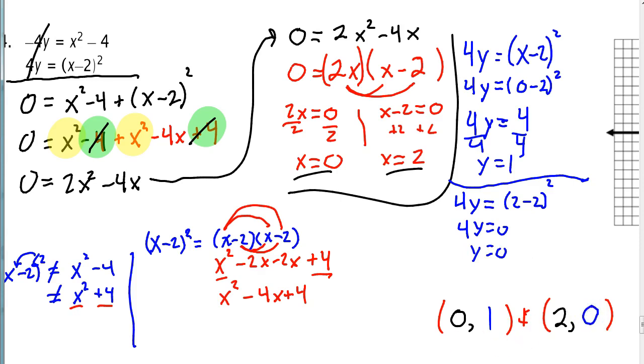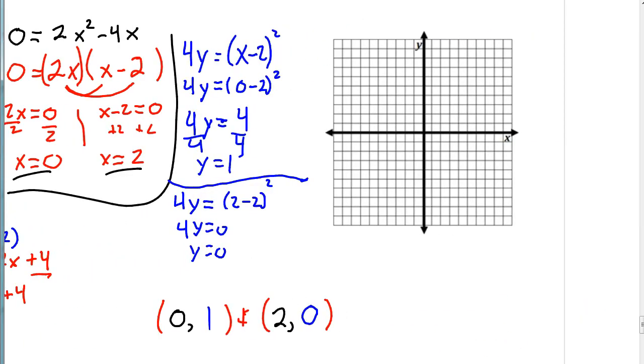There we go. So I expect when I graph these two different graphs, that I'll get one intersection at 0, 1, which is right here, and another one at 2, 0, right there.